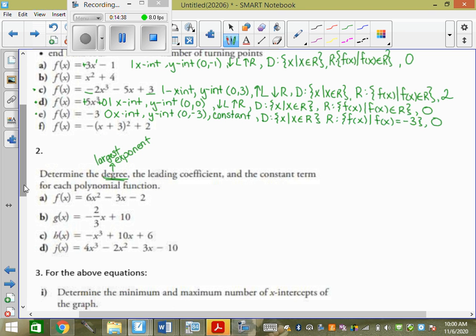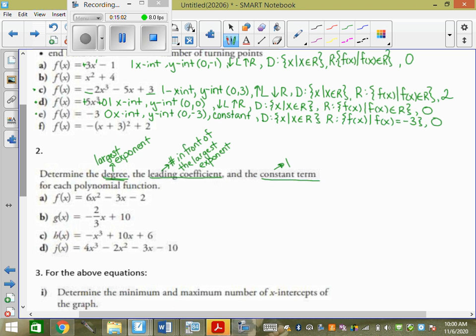What's the leading coefficient? The number in front of what? The largest exponent. What's the constant term?